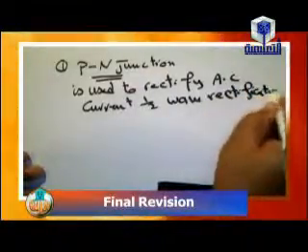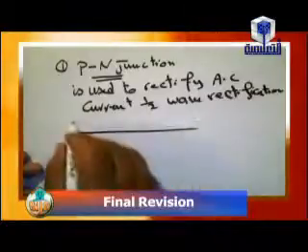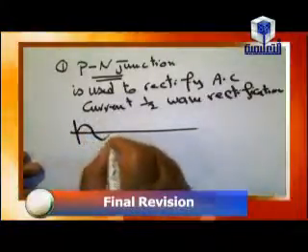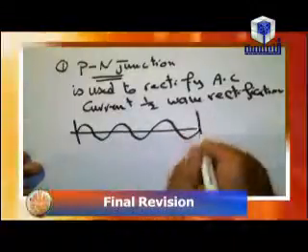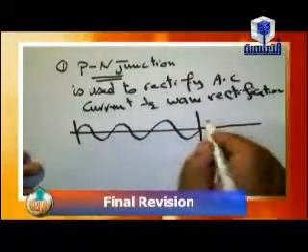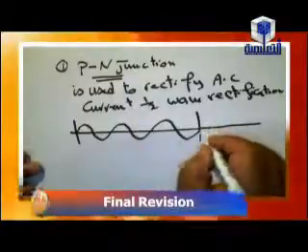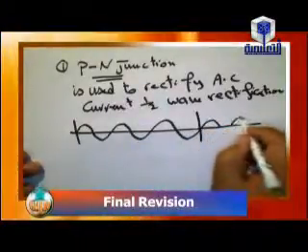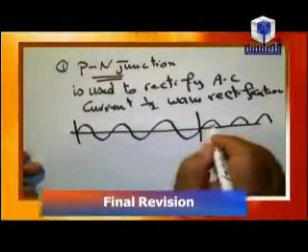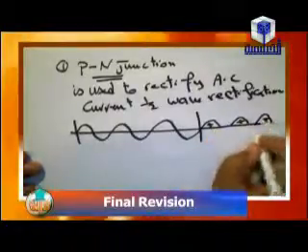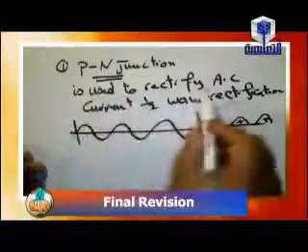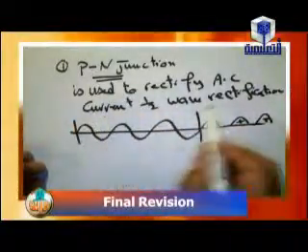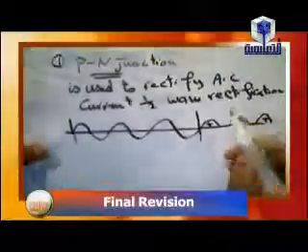According to the figure, the AC current changes its direction each half cycle, and if it passes through the p-n junction, it will pass in one direction only, which means it is rectified. This is the use of the p-n junction.